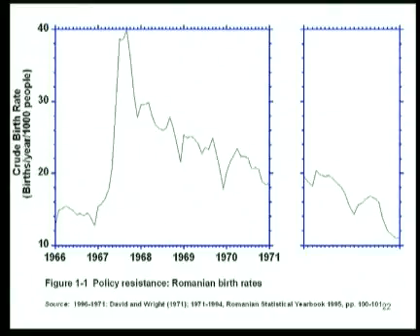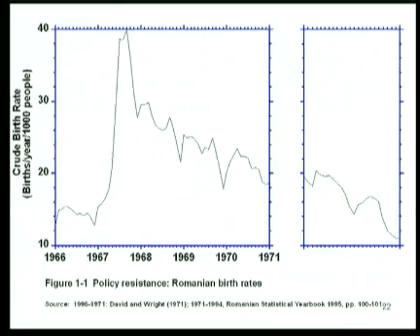And an example of this comes out of the text, when you're talking about some policies that were implemented by the Romanian government under Nicolae Ceausescu. He has, in fact, a graphic in here that shows the birth rate in Romania from 66 through 71, and then it picks up again in 71 through 94.